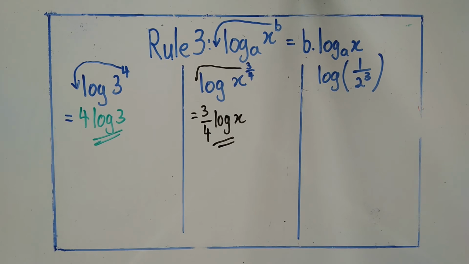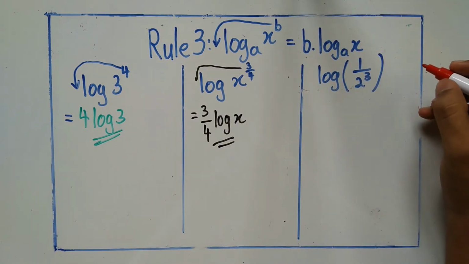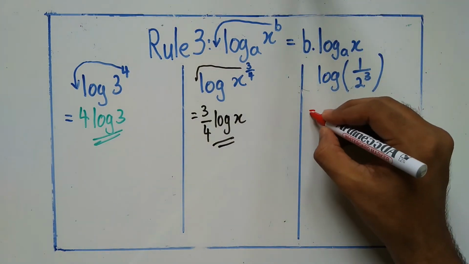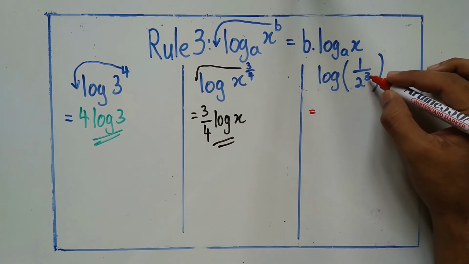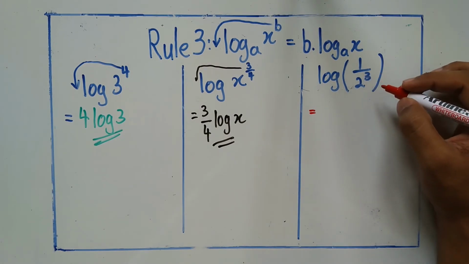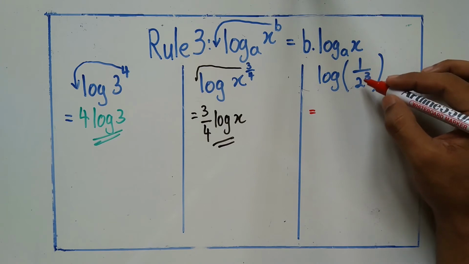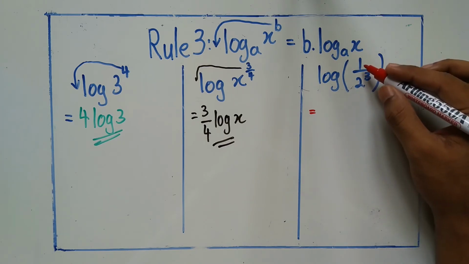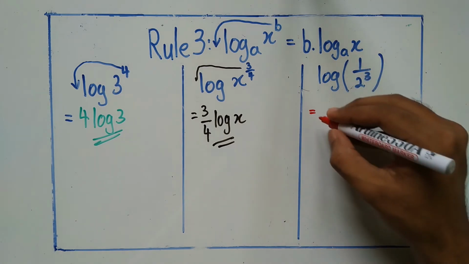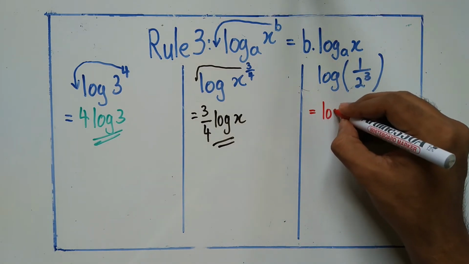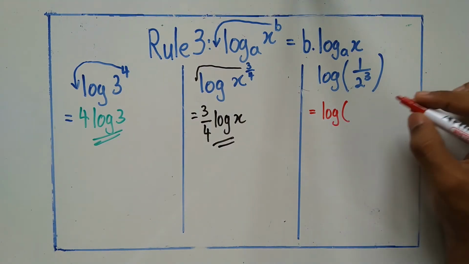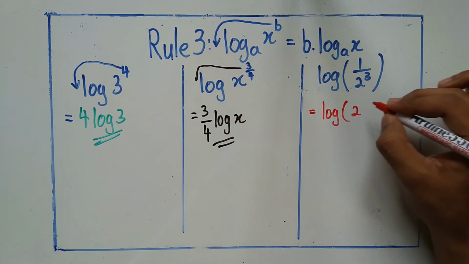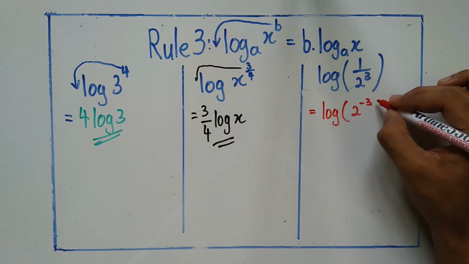The third example is a bit different, but we can use the power rule to our advantage. We have log of 1 over 2 to the power 3. If you still remember the index rule, we can flip 2 to the power 3 from the denominator to the numerator. We can do this by using the negative power rule, which is 2 to the power of negative 3.